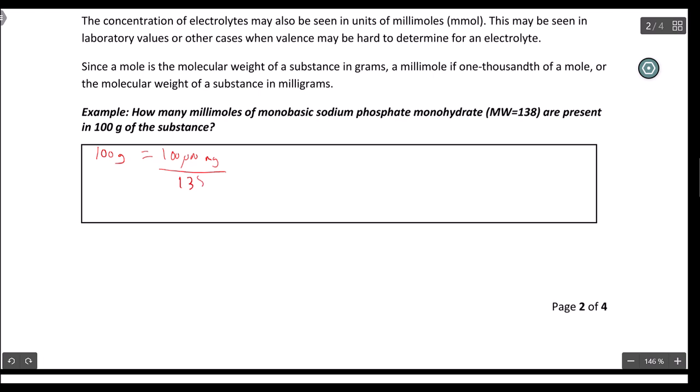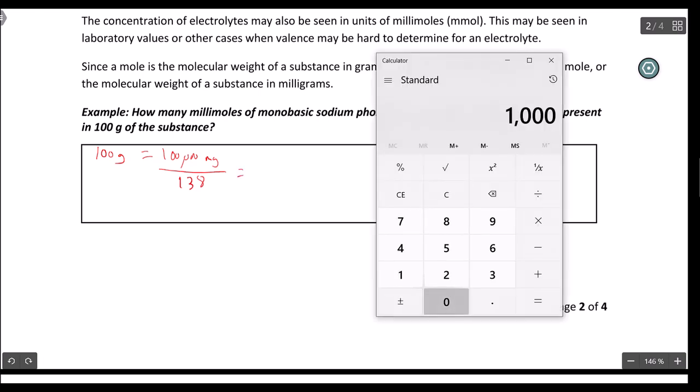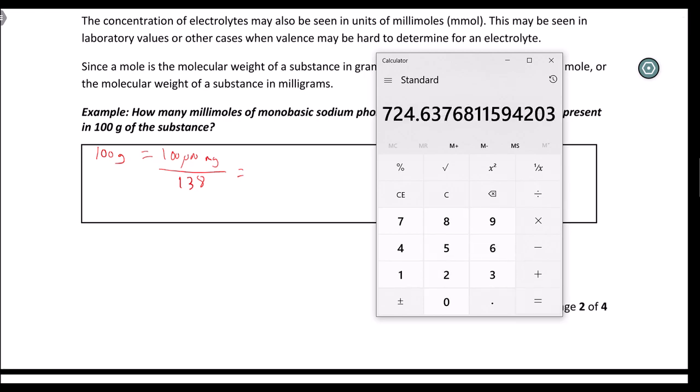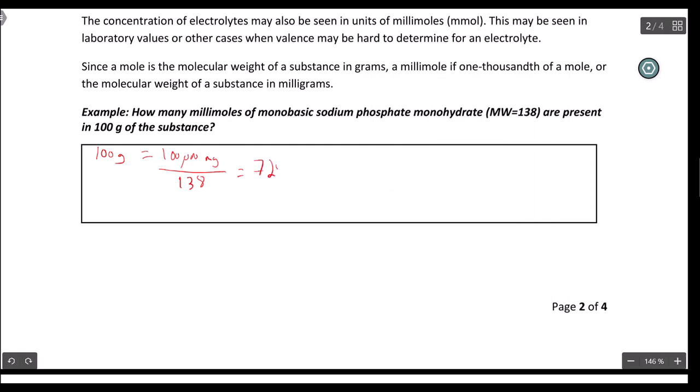So if we take 100,000 and we divide it by 138, we get 724.64, basically. 724.64, and this is the millimoles. Right? Millimoles. All right. And it's also abbreviated, as you see there, mmol. So mmol, abbreviation you can use.